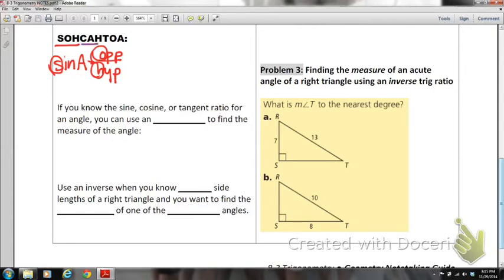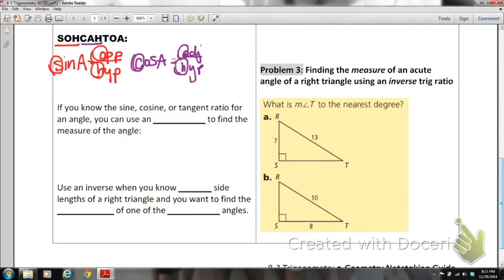The CAH part of this acronym stands for cosine. Cosine of angle A is equal to adjacent over hypotenuse. So the C, the A, and the H are the CAH of SOHCAHTOA.